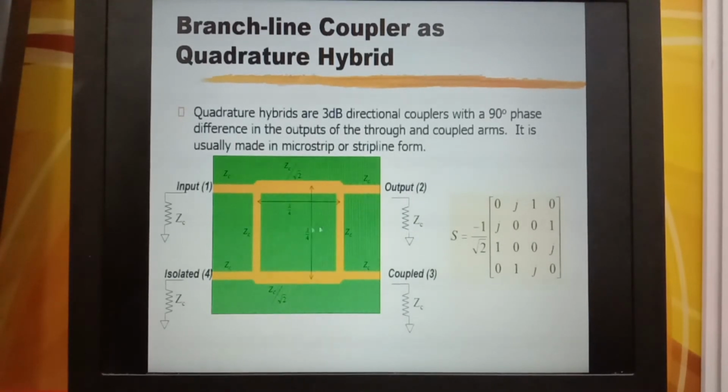The other two transmission lines or quarter wave transformers have a characteristic impedance of ZC. The S matrix looks like this. The two outputs at port 2 and port 3 have the same magnitude but a phase difference of 90 degrees.